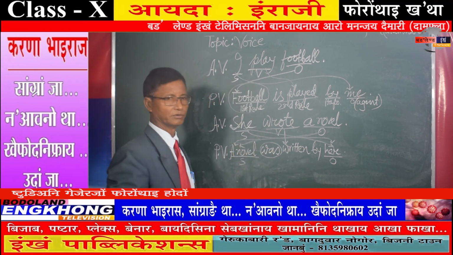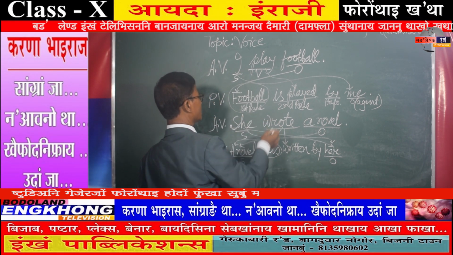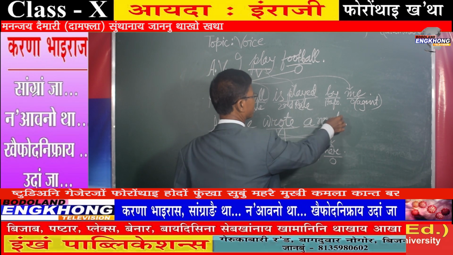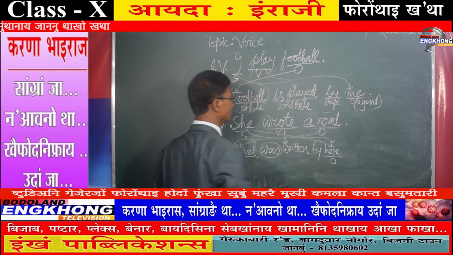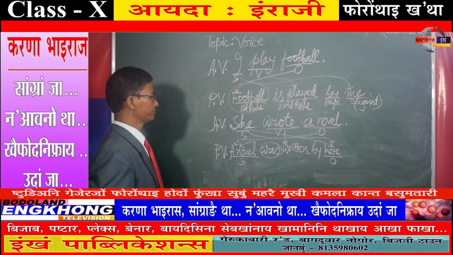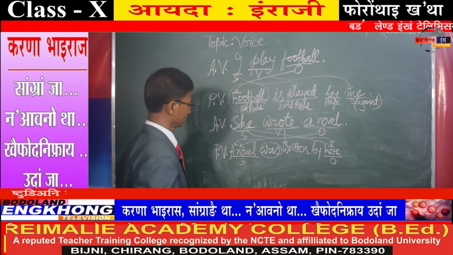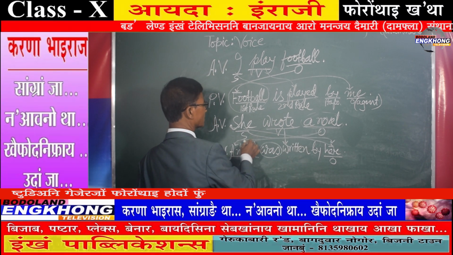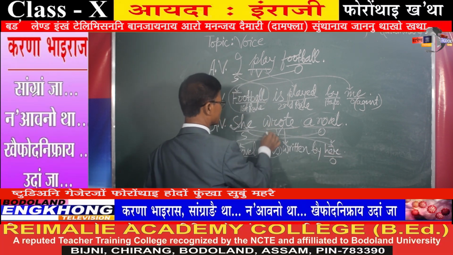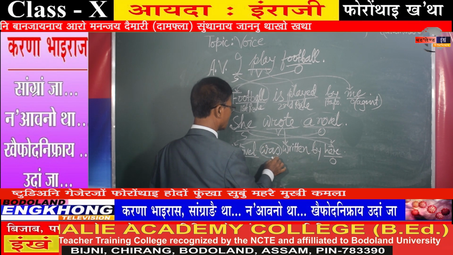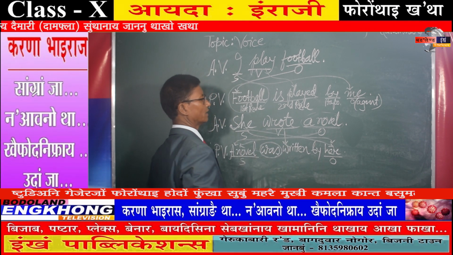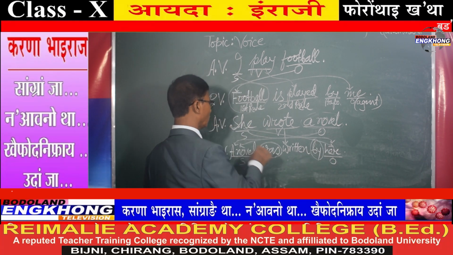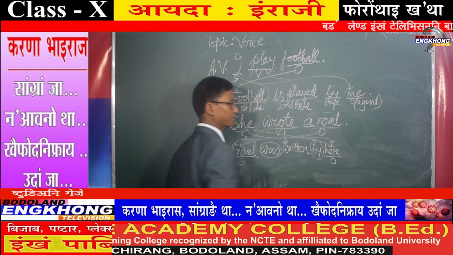Now you mind, here in active voice there are only 3 words. She wrote a novel. Then you see here, object to subject, subject to object, but here this be verb and this preposition. 1, 2, 3, 4, 5.